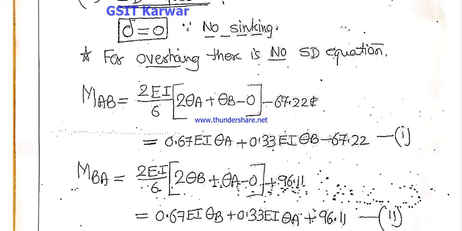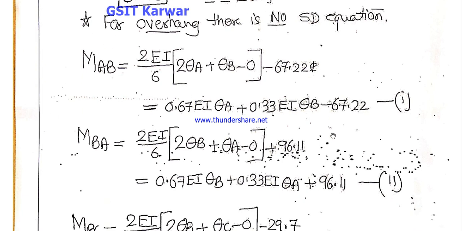The fixed end moment AB will come here, so here I directly substituted that value, minus 67.22. We already calculated fixed end moment AB as minus 67.22. You can solve this equation.